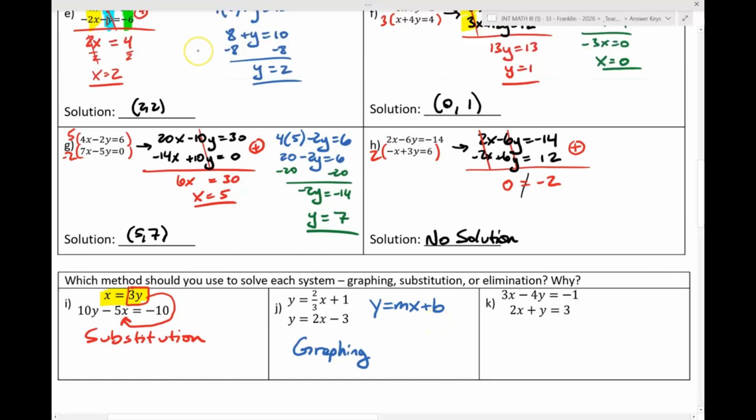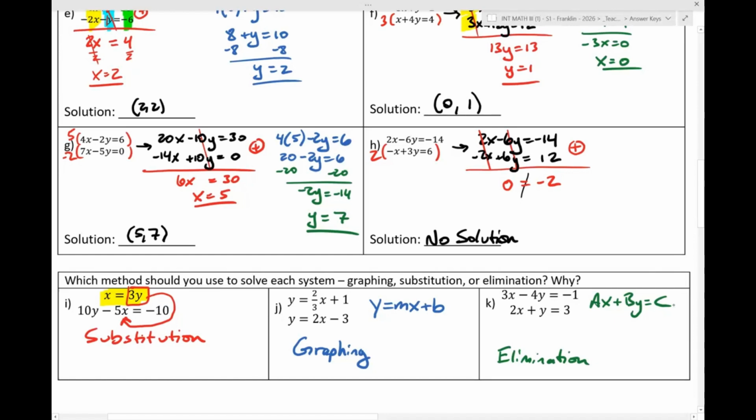And so for the last one, 3x minus 4y equals negative 1, and 2x plus y equals 3. For me, I think I would use elimination. And mainly because both of these equations are in what's called standard form, which is ax plus by equals c, where you've got your x's and your y's together on one side of the equation and some constant on the other.